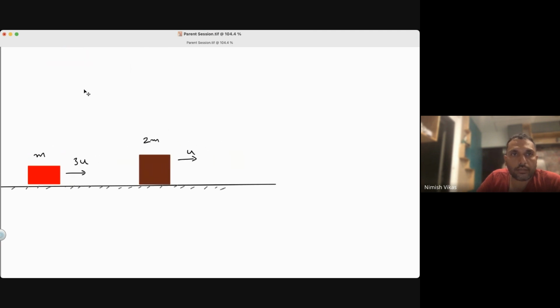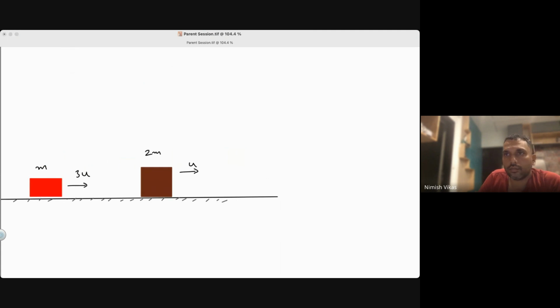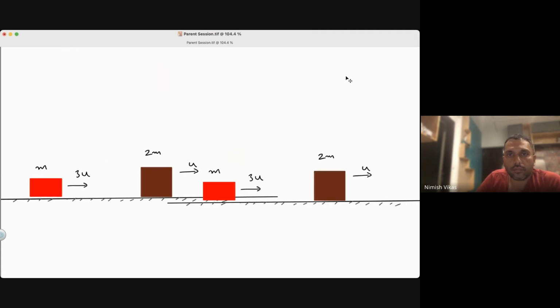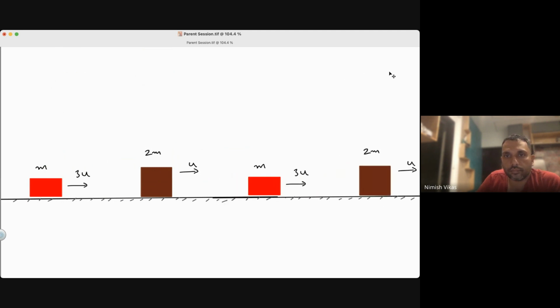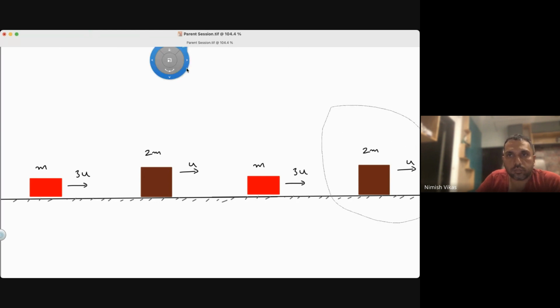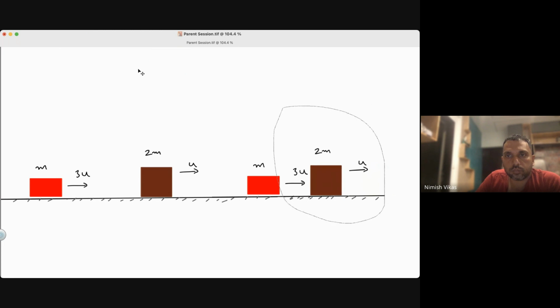Okay. So after collision, suppose the velocities are v1 and v2.